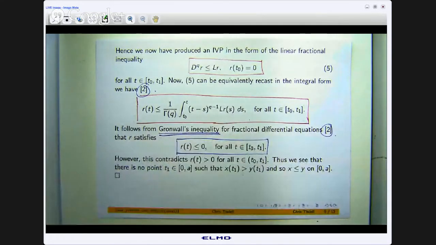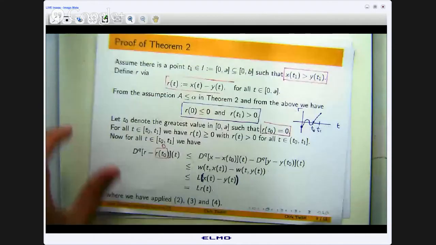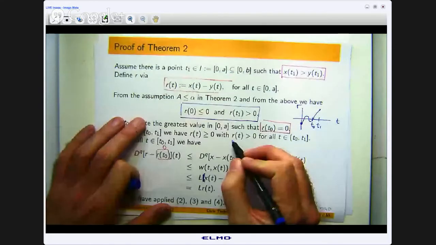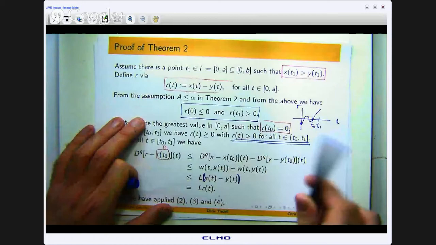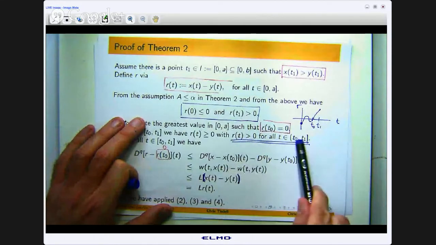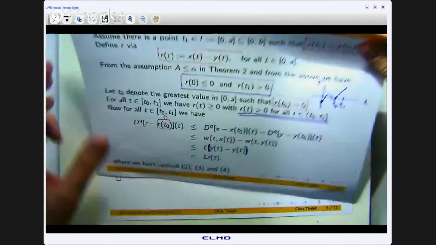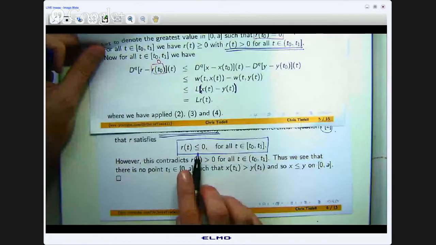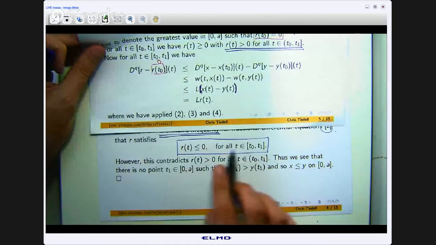So now we've reached a very critical point in the proof. We saw that R of t had to be positive on this interval. And what have we just shown? We've just shown that R is non-positive on this interval.